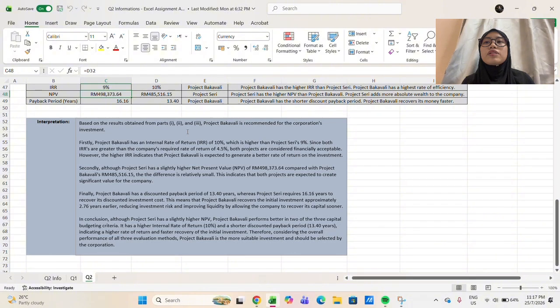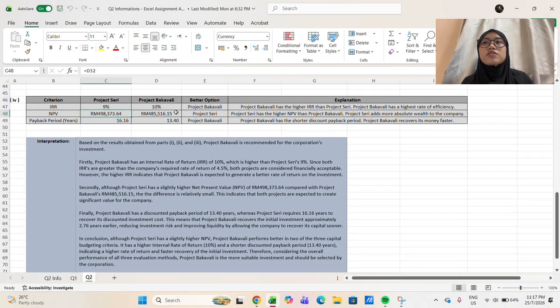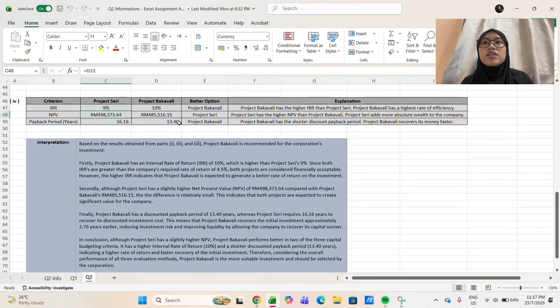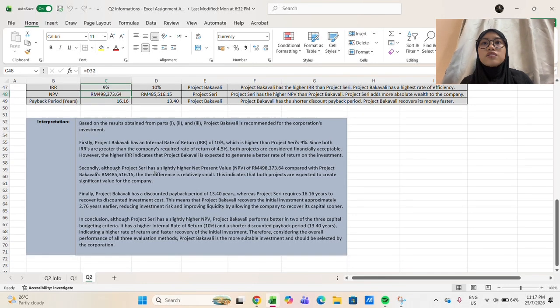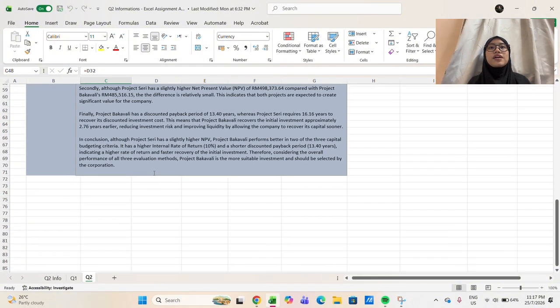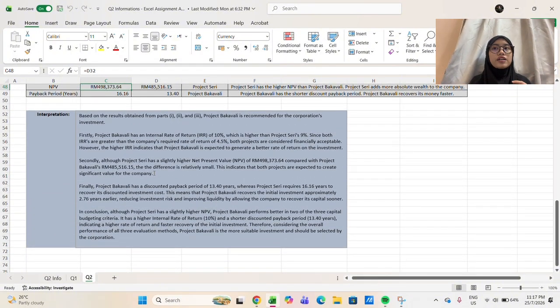And finally, the discounted payback period: project Bakavali's is smaller than project Zairi's, so it recovers the initial investment approximately 2.76 years earlier, reducing investment risk and improving liquidity by allowing the company to recover its capital sooner. In conclusion, project Bakavali is the more suitable investment and should be selected by the corporation.